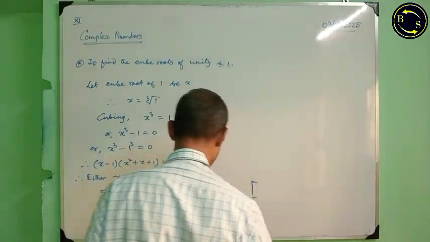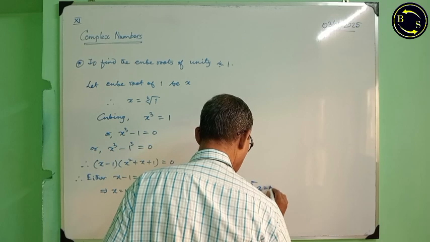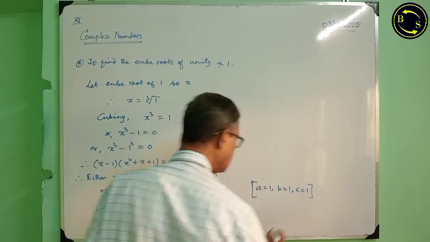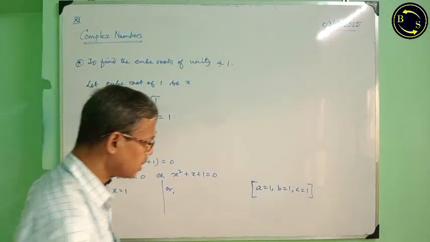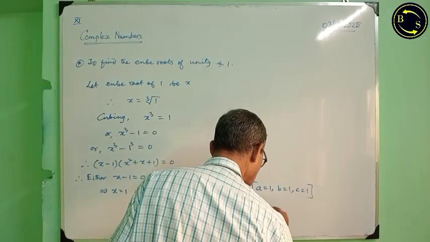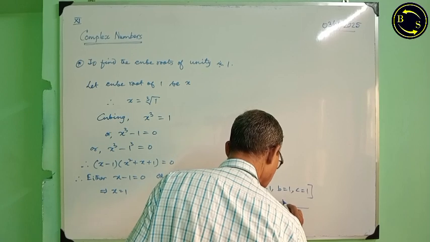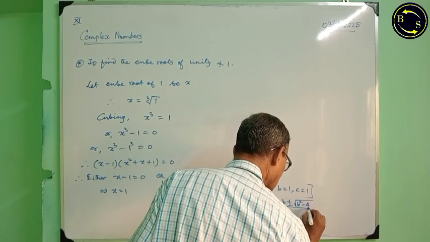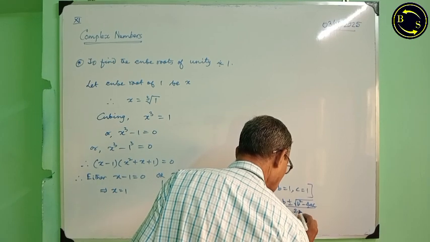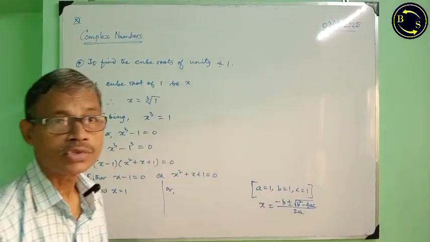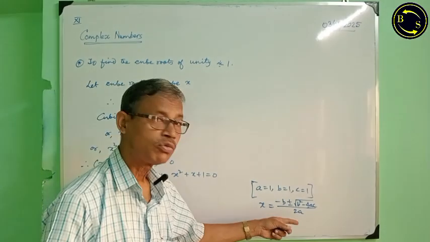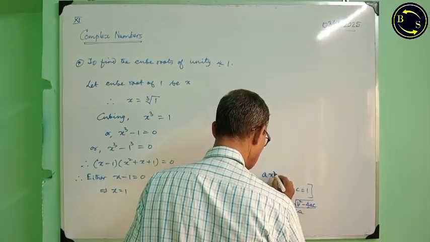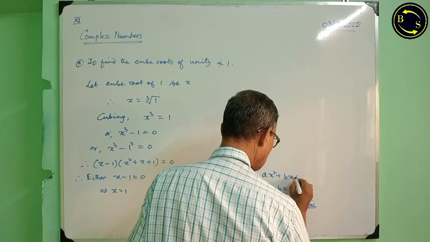On the right side, first you write down here a equal to 1, b equal to 1, c equal to 1. And remember that formula, x equal to minus b plus minus root over b square minus 4ac by 2a. According to Sridharacharya formula, x is equal to this. And the equation is in the standard form.